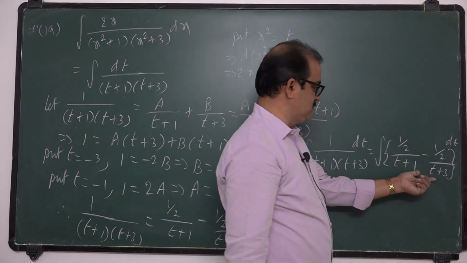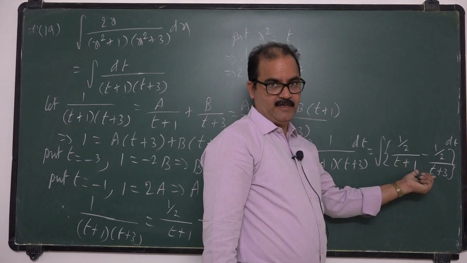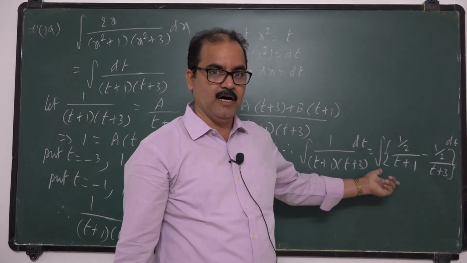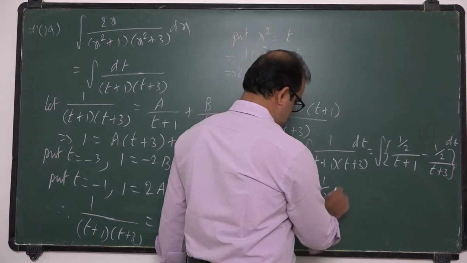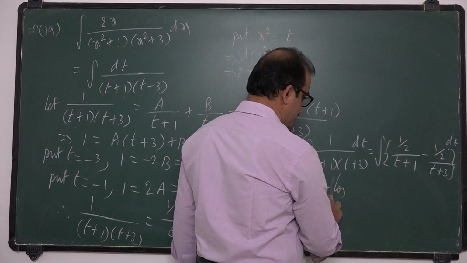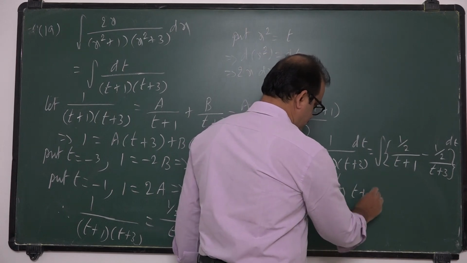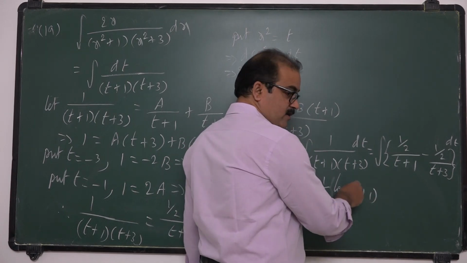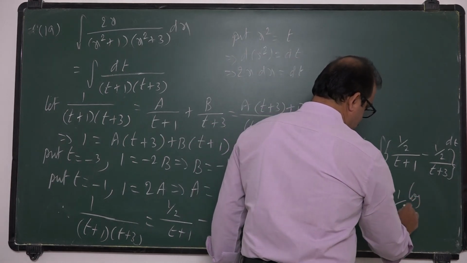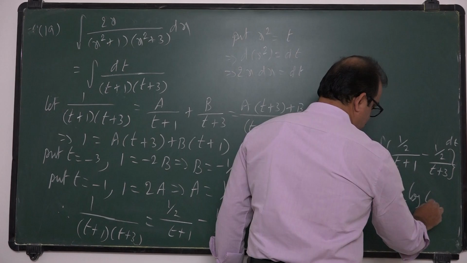This term and this term are in the form of integral 1 by x dx. What is integral 1 by x dx? Log mod x. So 1 by 2 into log mod (t plus 1) by the derivative of t plus 1, that is 1, minus 1 by 2 into log mod (t plus 3).